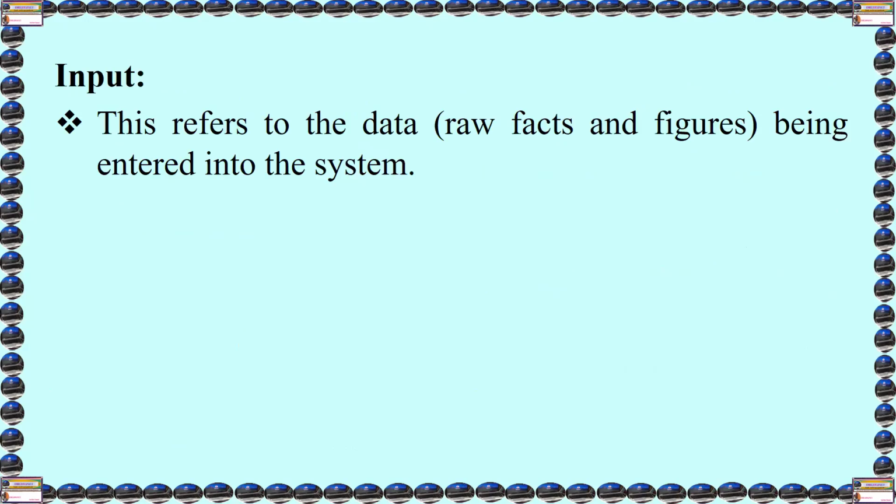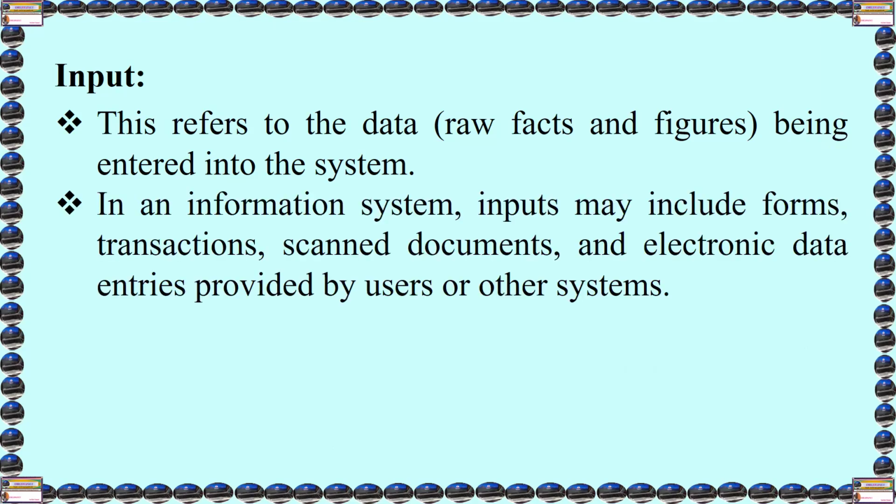What is input? Input refers to the data or raw facts and figures being entered into the system. Input meaning to enter, to key in data into the system for processing.